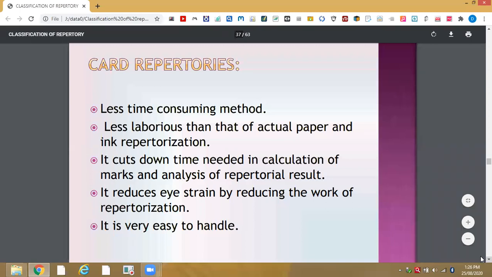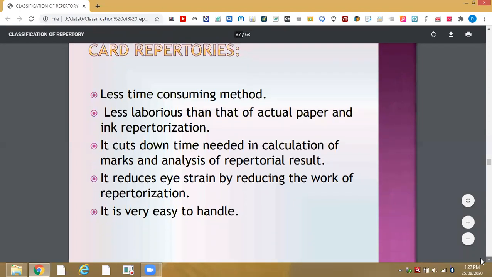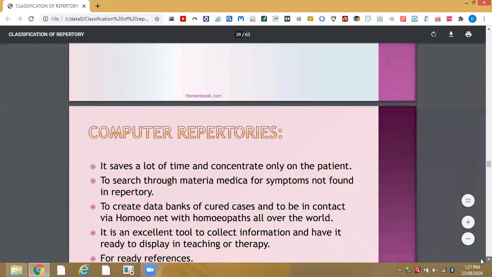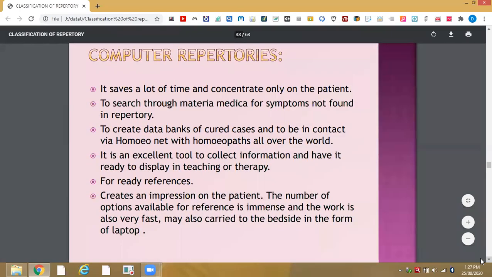As the general repertories are helpful for individualizing the case, for individualizing the person, in this way the card repertories are helpful to save time as well as to save the strain of eyes and laborious work of the physician.